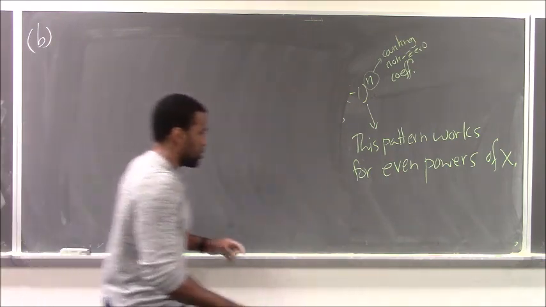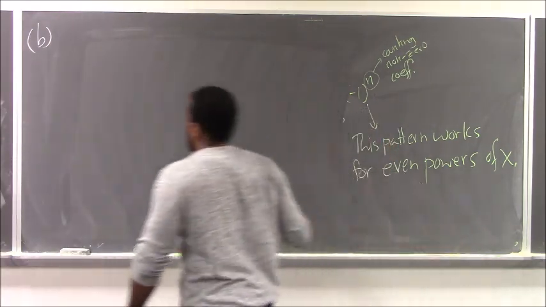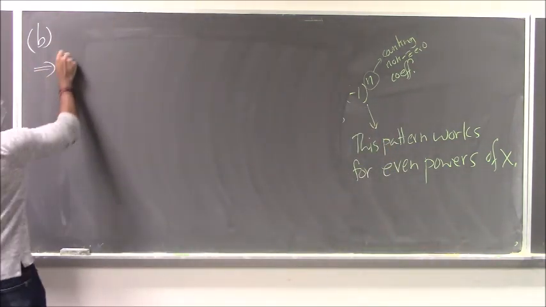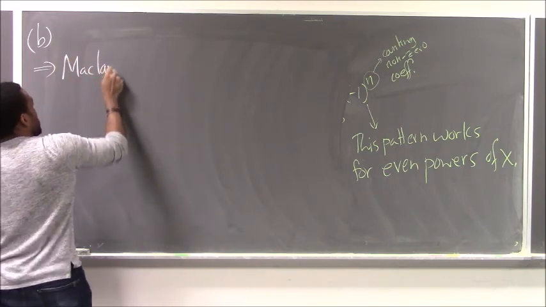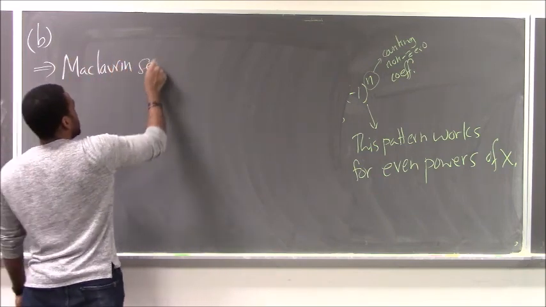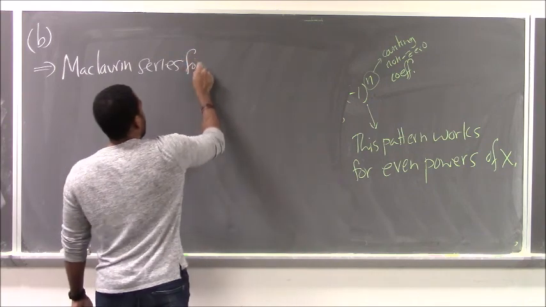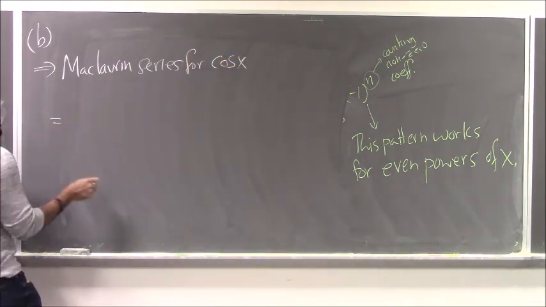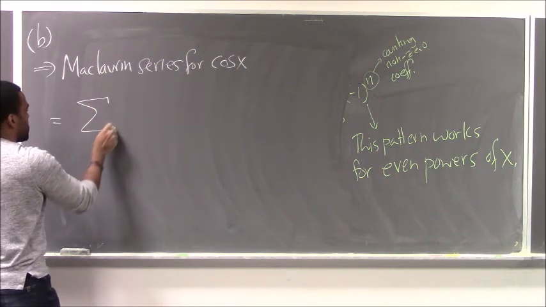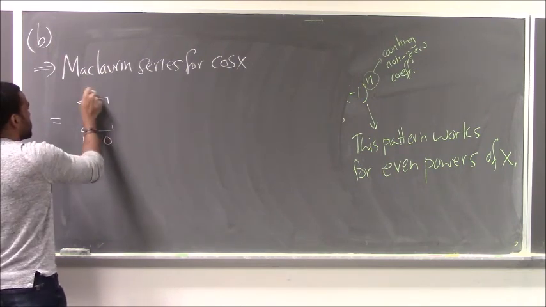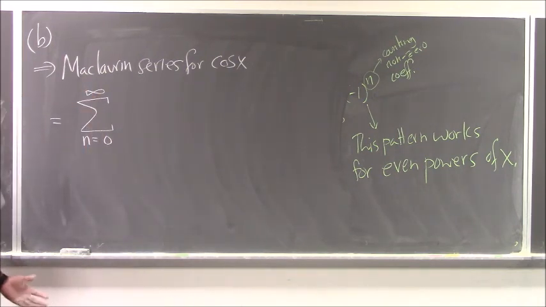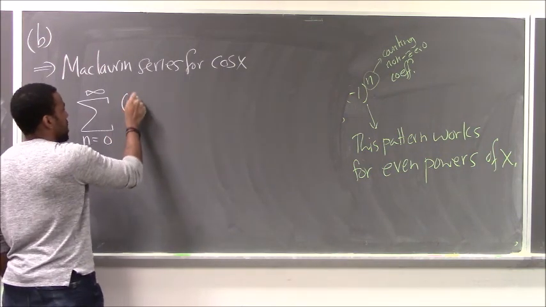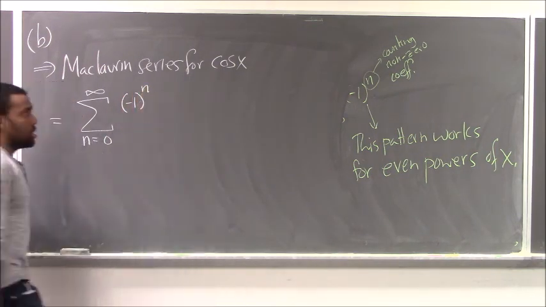for the general formula. So this means the Maclaurin series for cosine of x is, here's the pattern that we found for the derivative. It looks like minus 1 to the n.